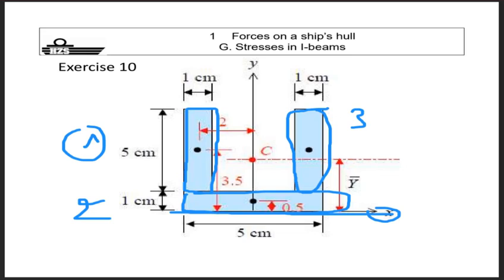You correct it by the area of element 1 multiplied by the distance from its center towards the axis where you want to calculate your resistance around. In this case, it means this distance.